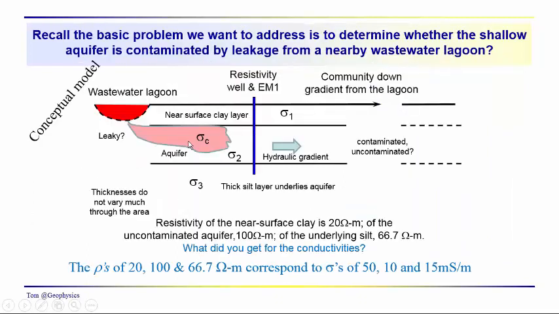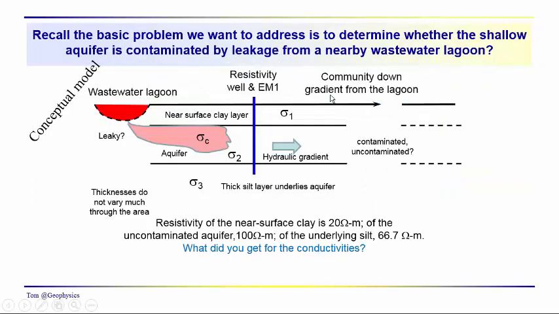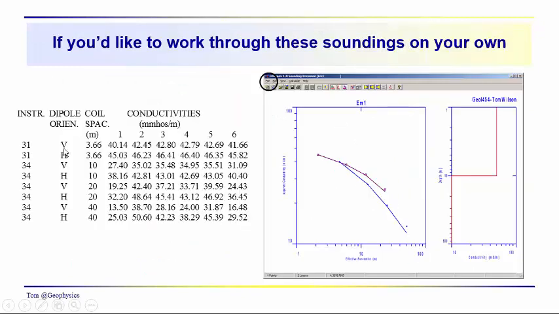We have 6 soundings, and the data that we're presenting here is for a full set of 8 measurements for the EM31 and the EM34, with 10, 20, 40 meter intercoil spacings.